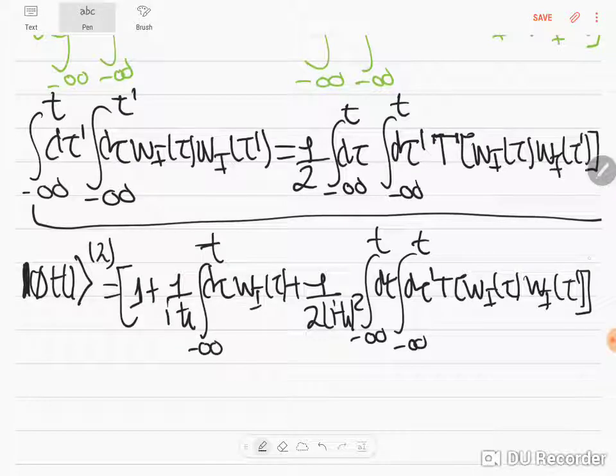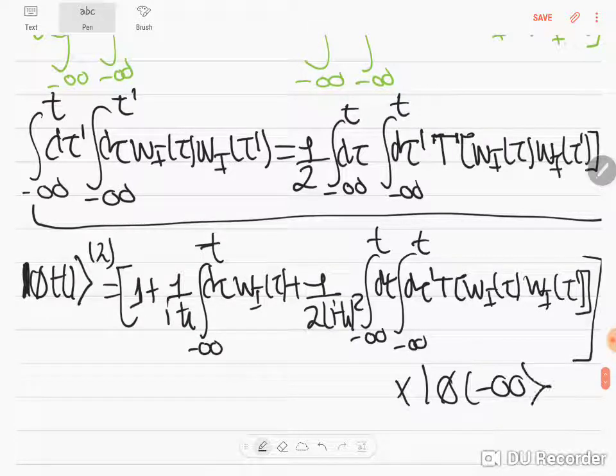We close here this and we close here this, and all of this acting on phi of minus infinity. So then this is the actual approximation that one usually uses when using second order corrections in the state.